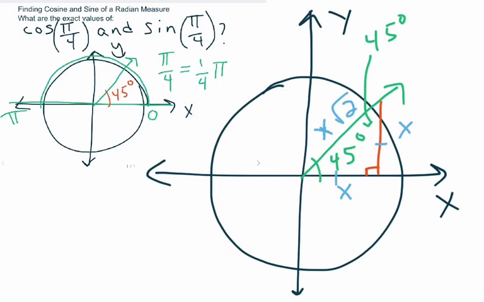Because we are working with what we call the unit circle, the radius is equal to 1. So that means that this segment right here is equal to 1 unit. R equals 1.